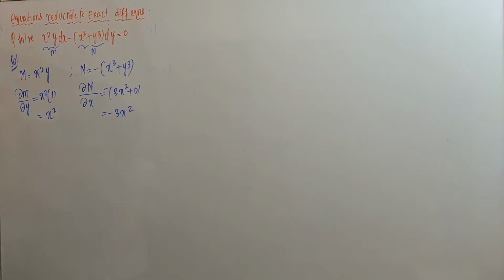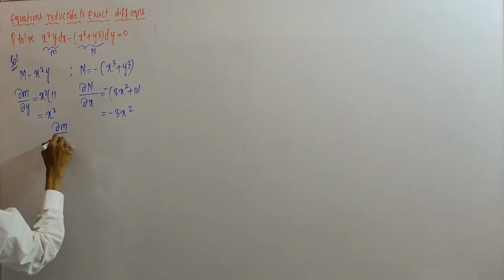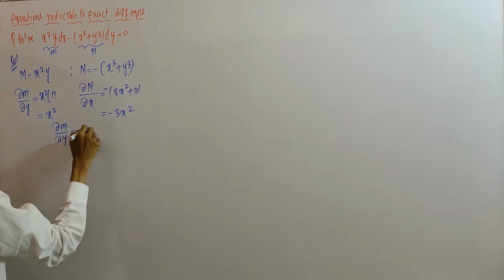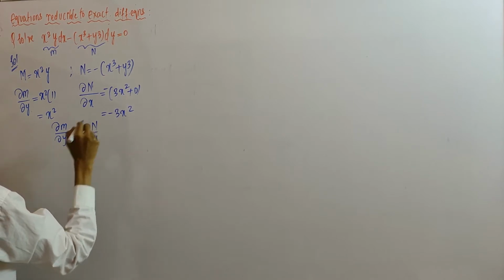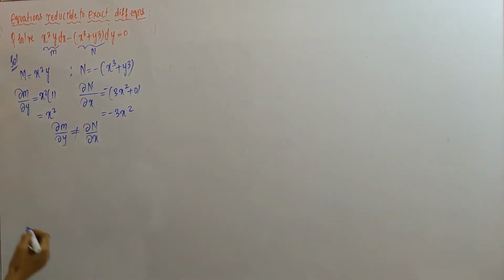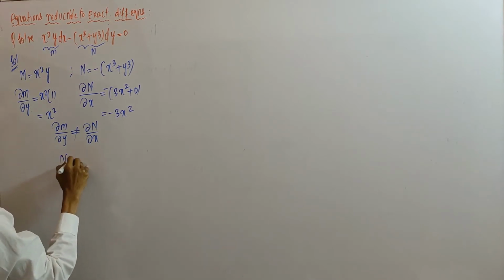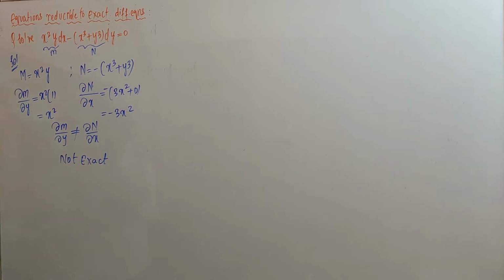Since these two values are not the same, that is, dou M by dou y is not equal to dou N by dou x, it means that the given equation is not exact.